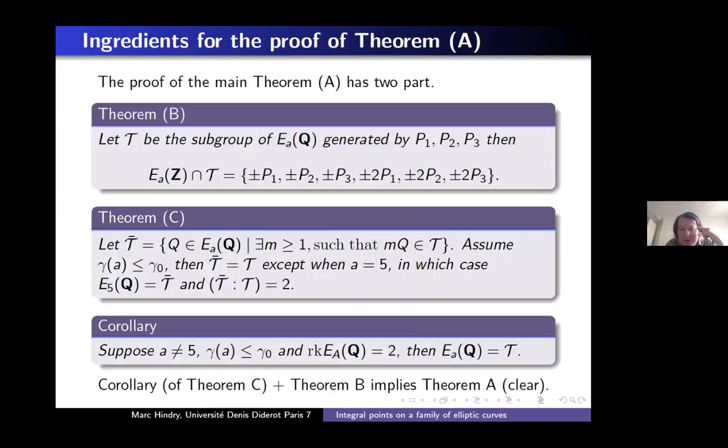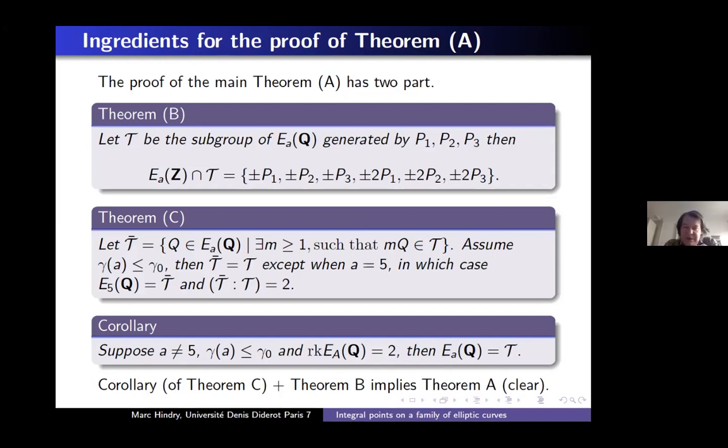Now, I will decompose the proof of theorem A into two theorems. And there are, of course, theorem A has hypotheses on A. Theorems B and C have essentially no hypothesis.